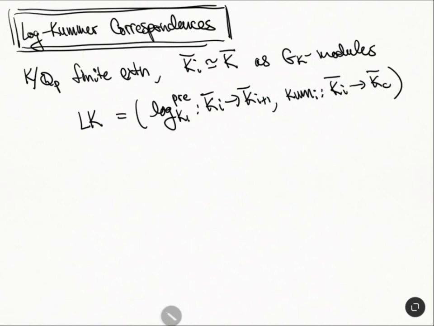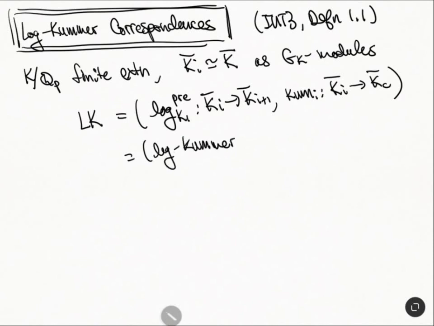So in the anabelian version, let me also say this is IUT3 Definition 1.1. Here I'm writing it out with fields, but this is what we'll have. This is what we'll call the Log-Kummer indeterminacy diagram.